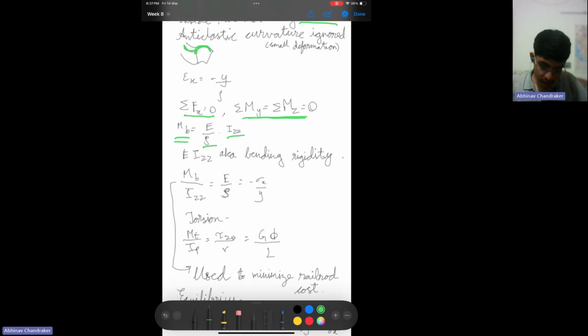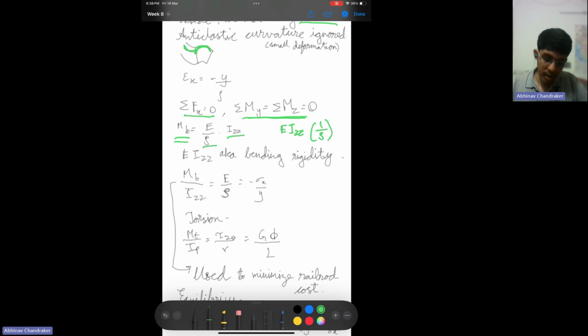So from this we can understand that MB equals EIZ into 1 by rho, and 1 by rho gives you a measure of how much strain is being experienced in the material, and MB gives you an idea of what is the bending moment that has been applied.